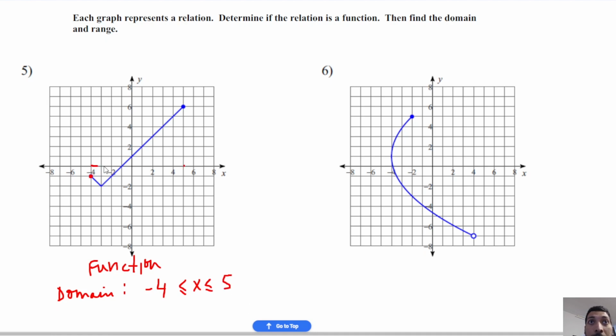So this is the domain. And for the range, we look at the y-axis, so starting from -2 all the way to +6. So this is how we write the range: -2 less than or equal to y, to represent the range variable, less than or equal to 6.